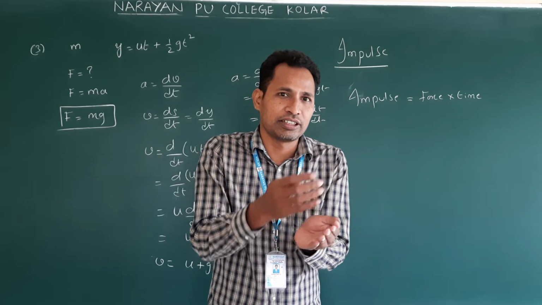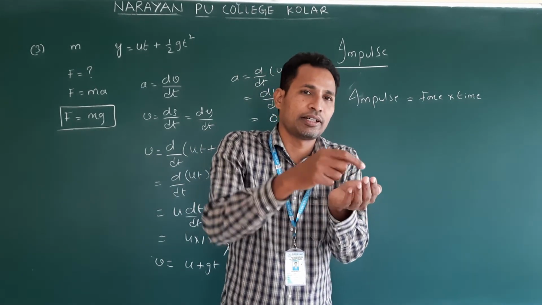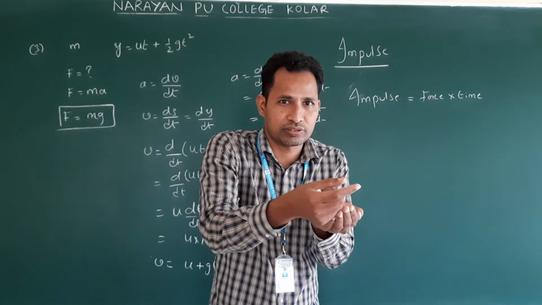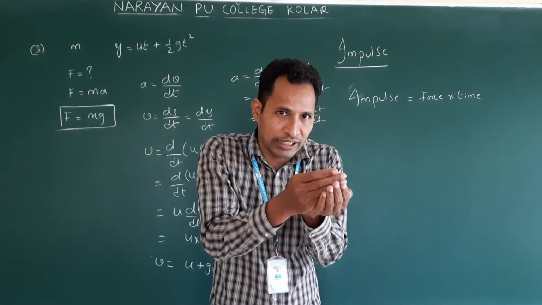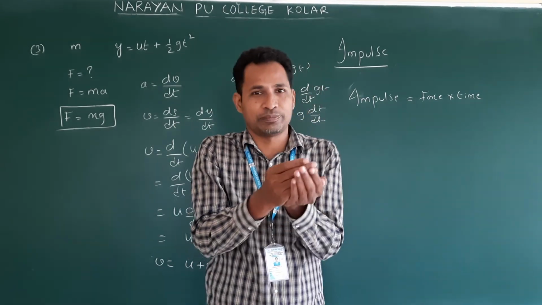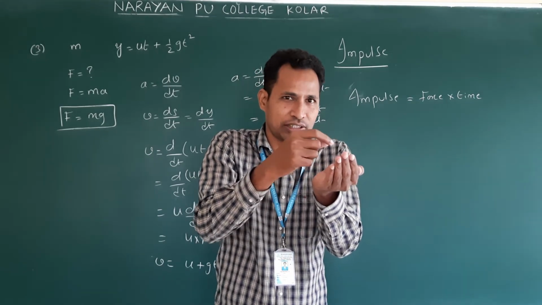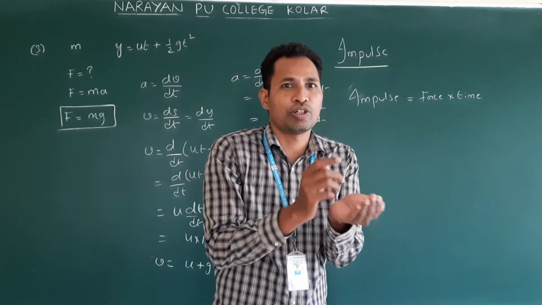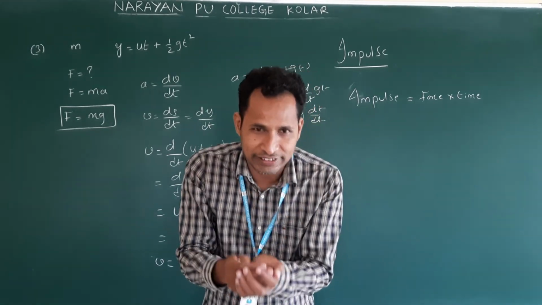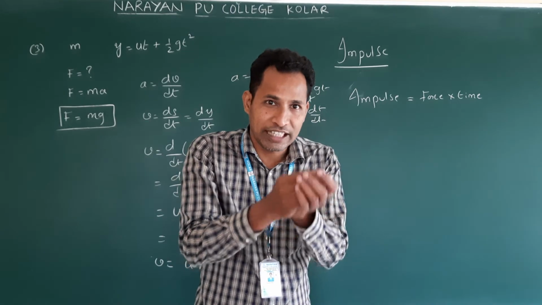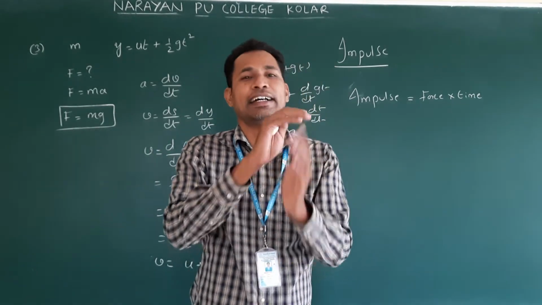If they keep their hands without lowering, the ball bounces. By lowering the hands, we are increasing the duration of time. If we keep it as it is, the duration of time is very short and the ball immediately bounces. That's why for a safe catch, players lower their hands.